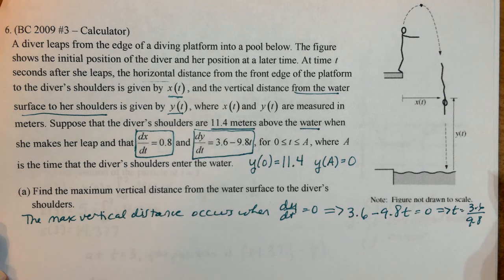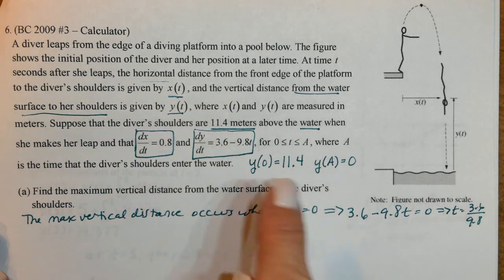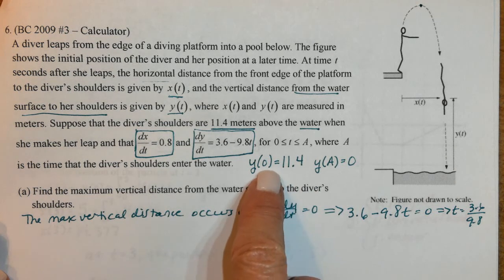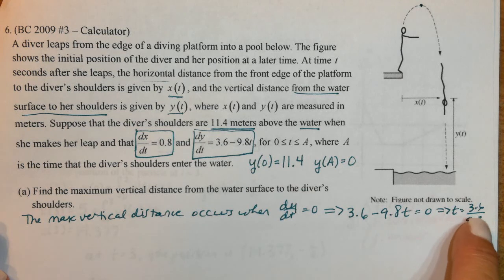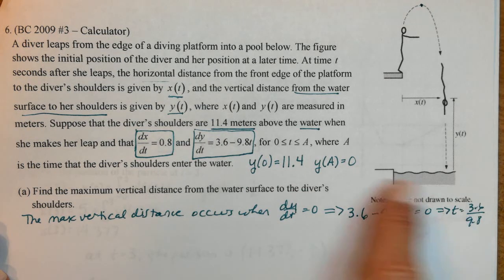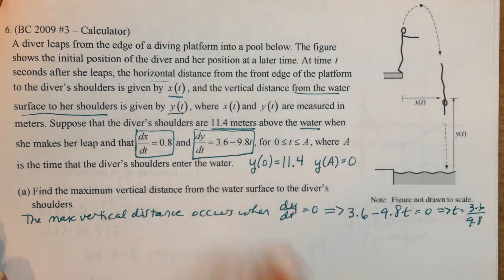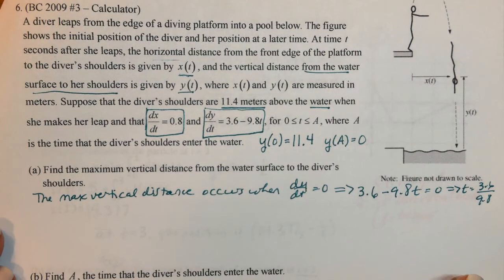Now we need to find y at that time. Well, I have a y coordinate, and I have a new time, and I have y prime, so this is the fundamental theorem.